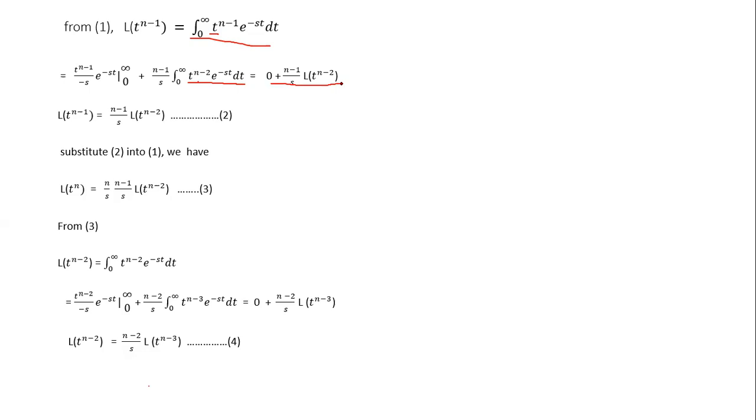Hence, Laplace of t power n minus 1 is giving us n minus 1 over s multiplied by Laplace of t power n minus 2, and that's equation number 2. We have got equation 1, and we are now having 2 here. So we go inside equation 1, and then we take this Laplace out and transform that one also.